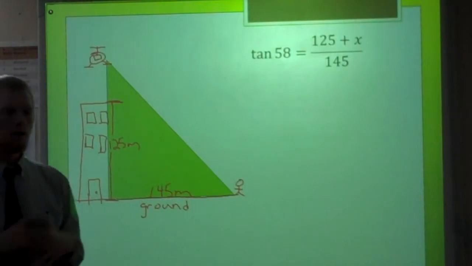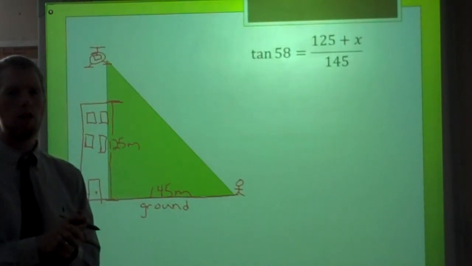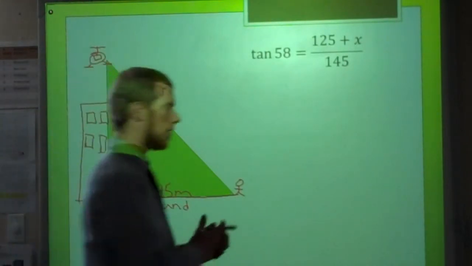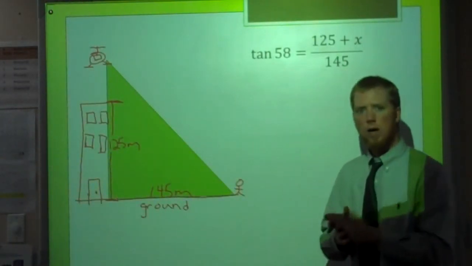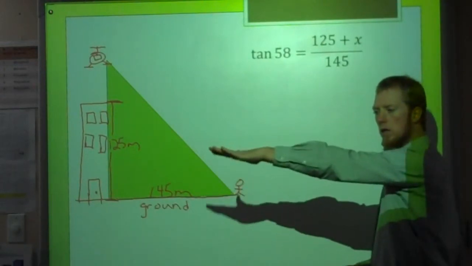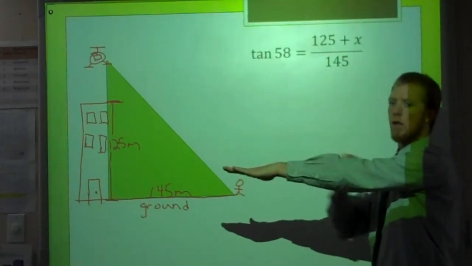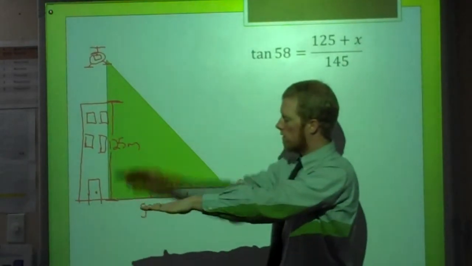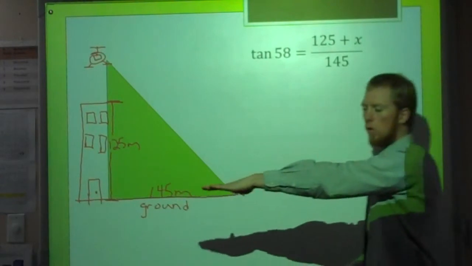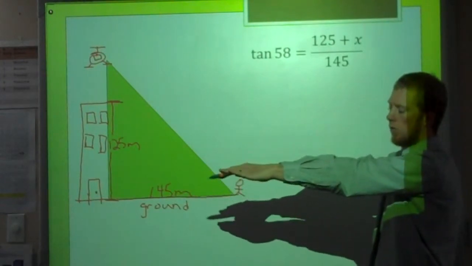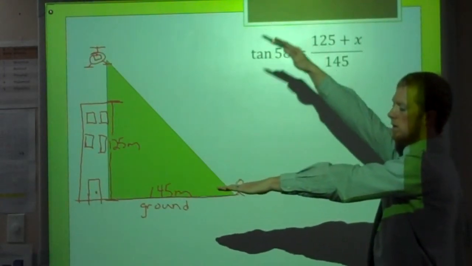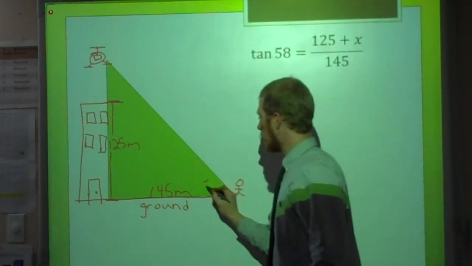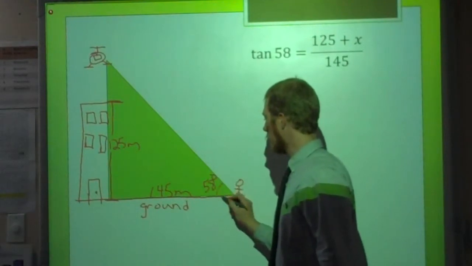Next, it said that our angle of elevation to the helicopter from the person was 58 degrees. When we're talking about angles of elevation or depression, we're always going to reference a horizontal line, or a line that is perpendicular to our building. When I'm talking elevate, I'm talking go up, which means this is growing, and what I'm looking at is this measure right here, 58 degrees.